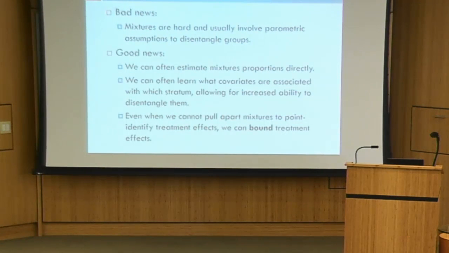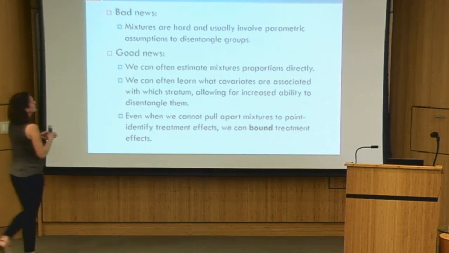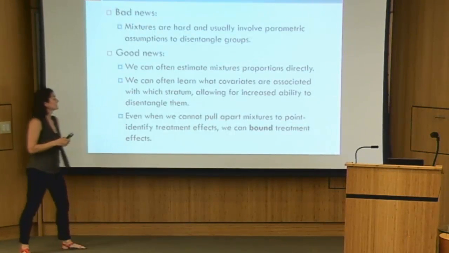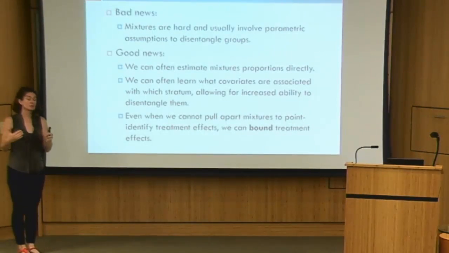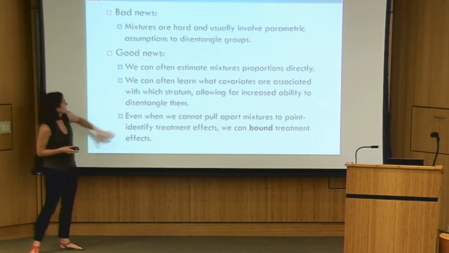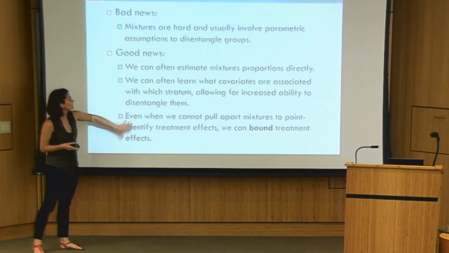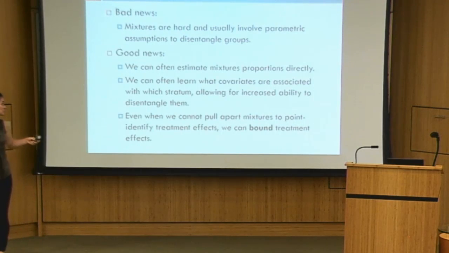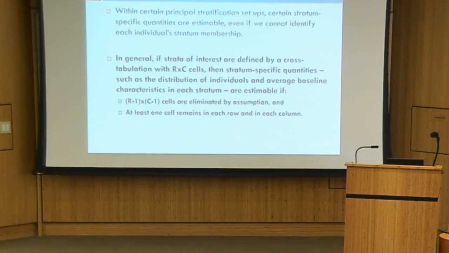So now we're getting into the space of the fact that there are lots of things that we can know about our strata, even though we can't know exactly who belongs in those strata all the time. We can often learn what covariates are associated with which strata. Even when we can't pull apart our mixtures, we can bound certain treatment effects. And so that's where we're going to be turning today.